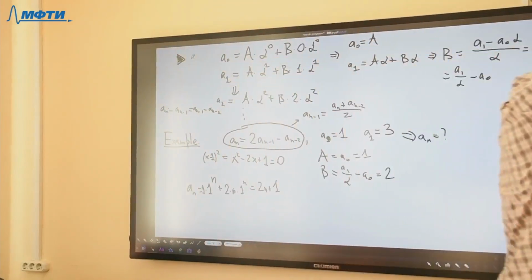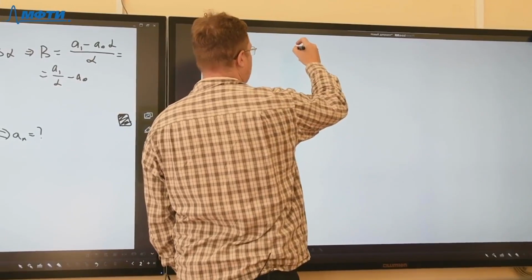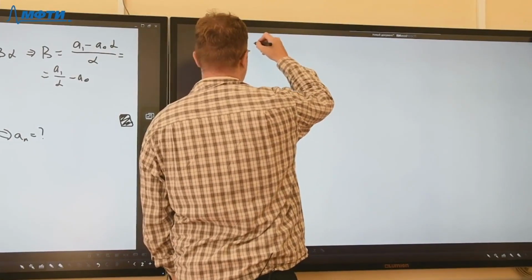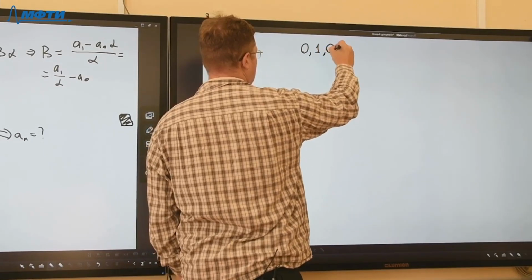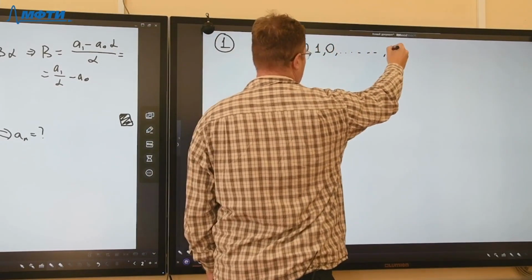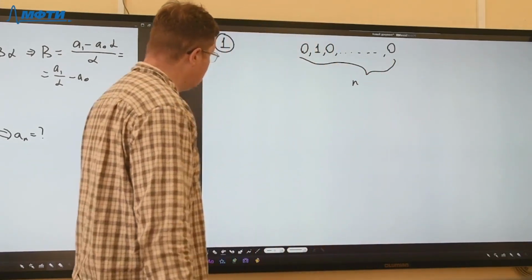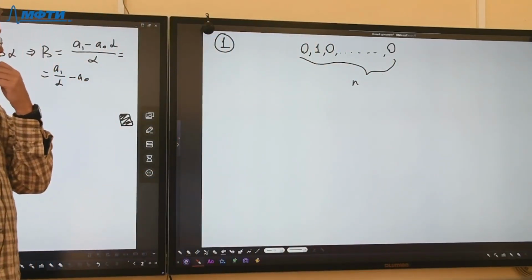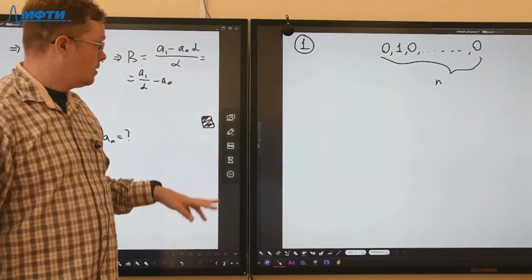So first of all, suppose we have a sequence of zeros and ones of length n, such that there is no two consecutive ones in this sequence.